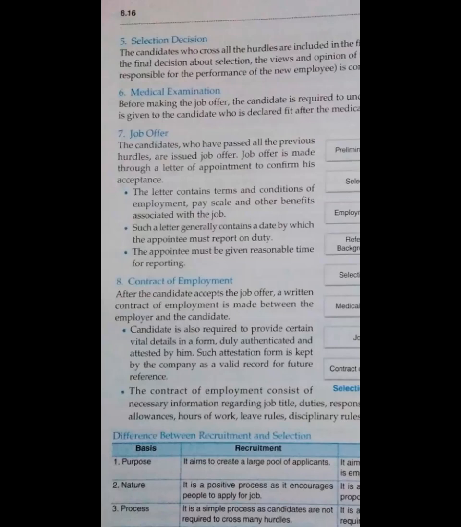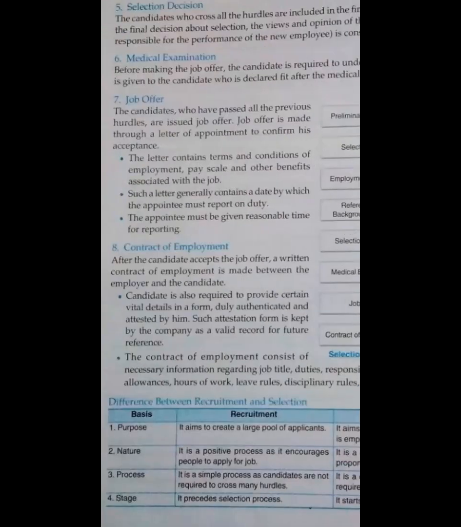Then the eighth step is contract of employment. What do you mean by contract? Agreement. After the candidate accepts the offer, a written contract of employment is made between the employer and the candidate. The candidate is also required to provide certain vital details in a form duly authenticated and attested by him.